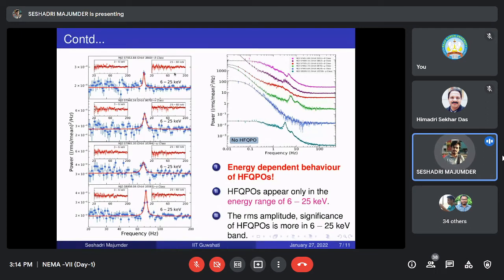We find that this high frequency QPO feature appears only in the 6 to 25 keV band, and the other two energy bands, as you can see, are absolutely flat. This trend is true for all four classes in which we could detect the feature. What is more, the RMS amplitude as well as the significance of these detected QPOs are greater in this particular energy band of 6 to 25 keV.